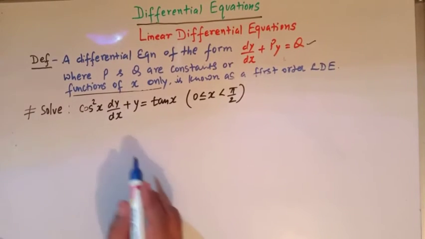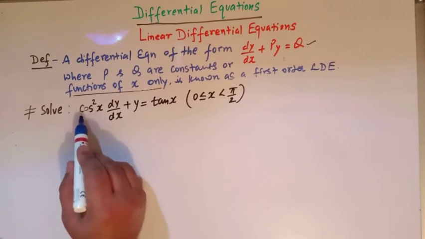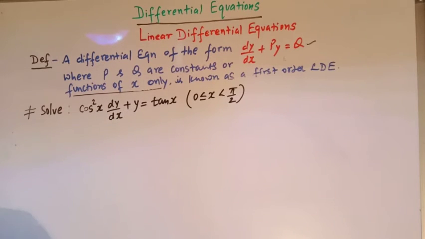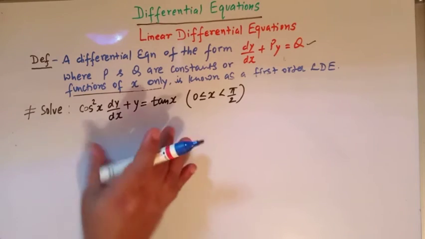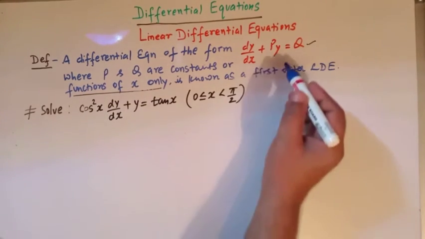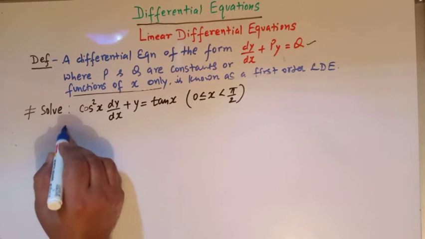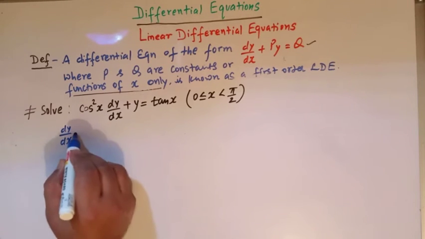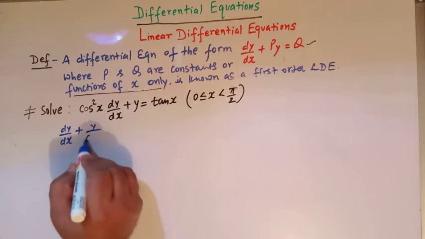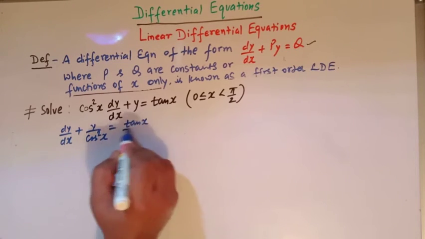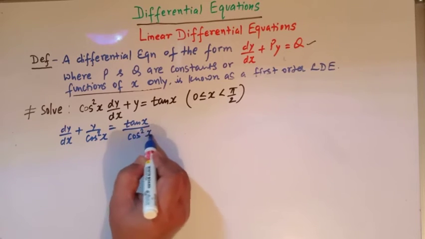Now viewers, let us solve this problem. Here we have cos square x dy over dx plus y is equal to tan x. So let us convert this equation in this form. Dividing both sides by cos square x, we have dy over dx plus y over cos square x is equal to tan x over cos square x. Clear?